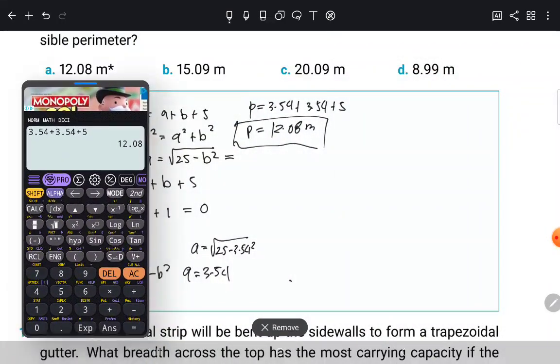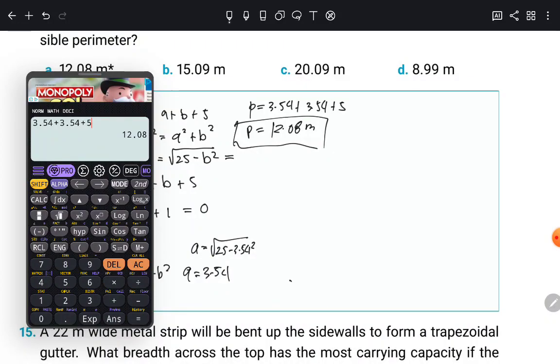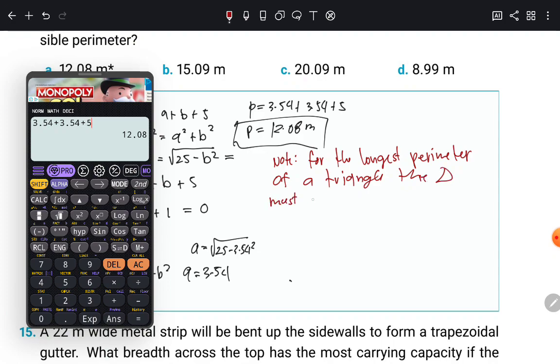Now, if you want to use the formula, note that for the longest perimeter of a triangle, the triangle must be an isosceles right triangle.